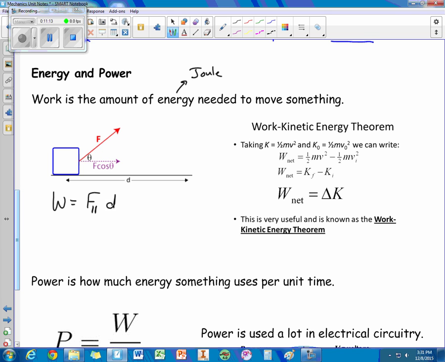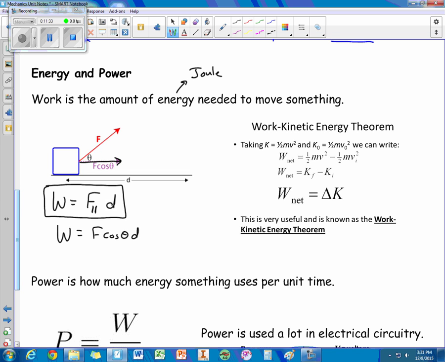So in this diagram up here, that's why this work equals this force times cosine of theta times the distance, because we'd have to use the cosine function to get that parallel component. But work is always a parallel force times the distance.